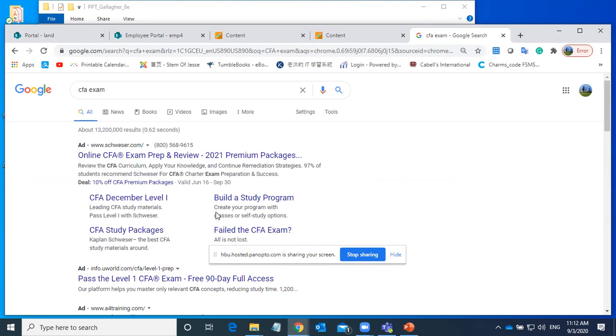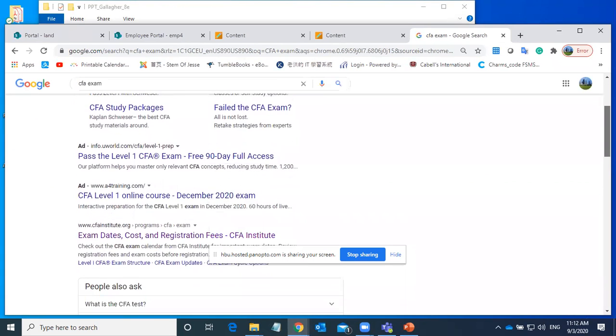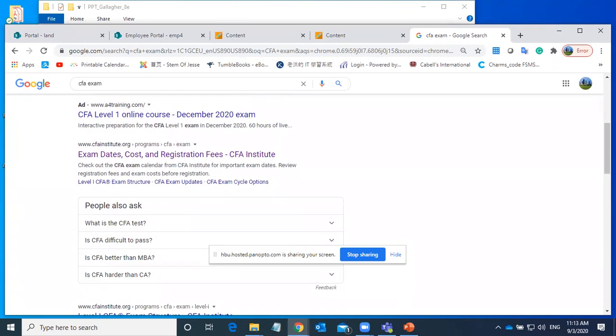You can go to cfainstitute.org and take the CFA exam.